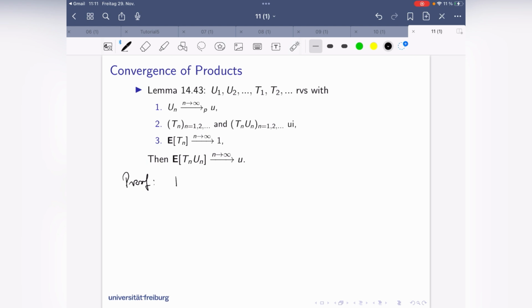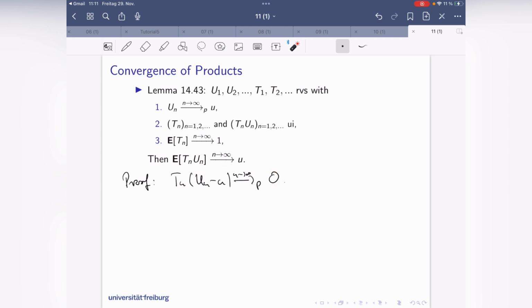We are showing that Tn times (Un minus U) converges as n goes to infinity to 0 in probability. Because then we know that Tn Un is uniformly integrable, and Tn times U is also uniformly integrable by assumption 2. Then the convergence also holds in L1.